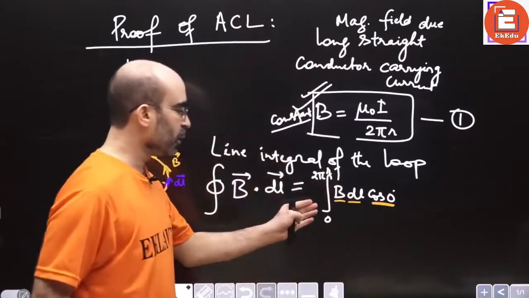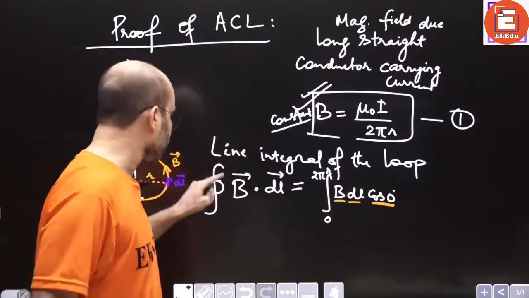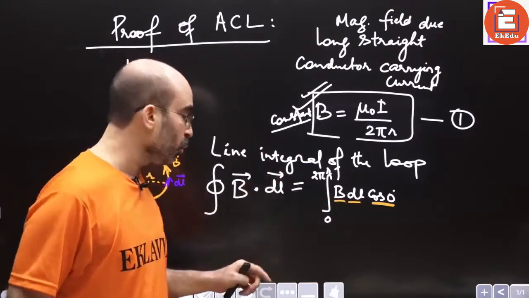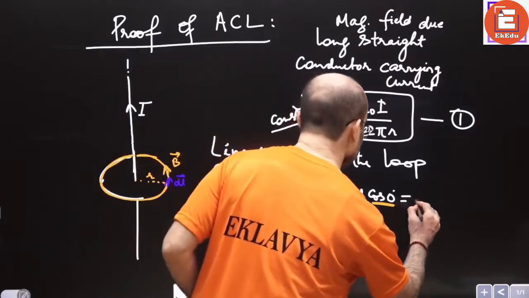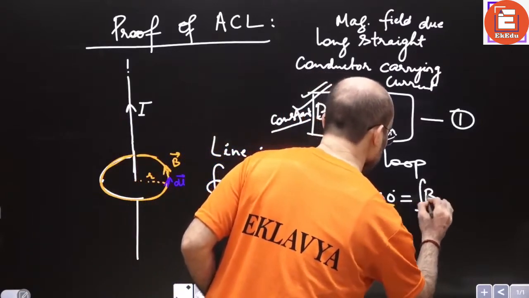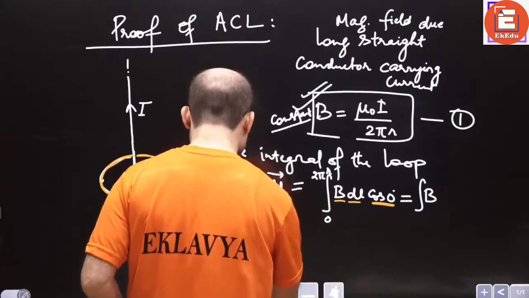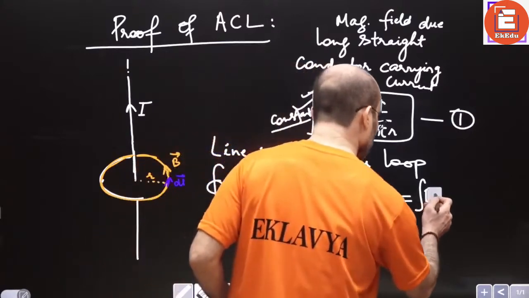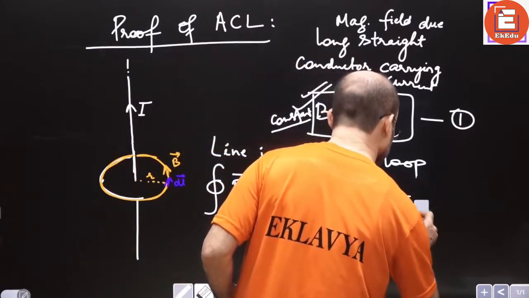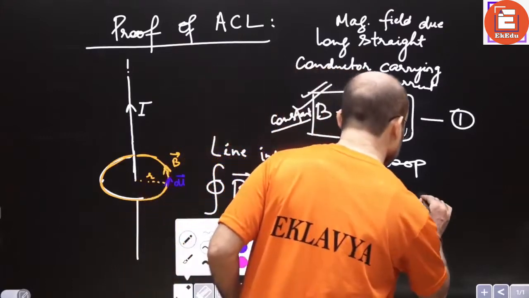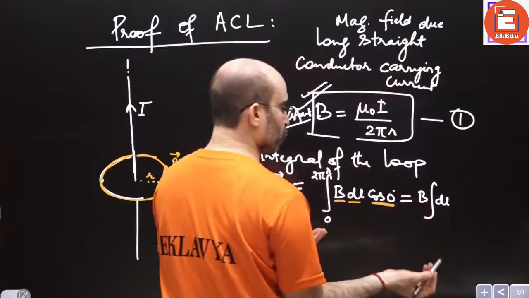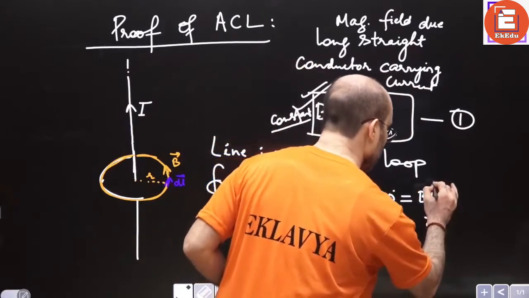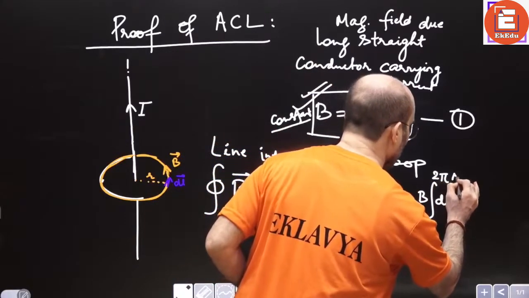B is constant, so B can be taken out of the integral sign. B into dl, cos 0 is 1, so no problem with this.